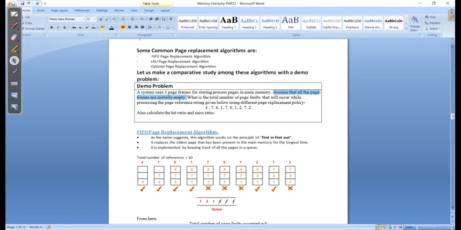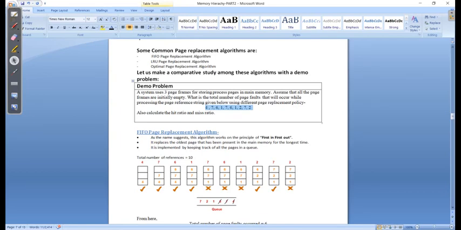Again, go back to the problem. The problem asks: what is the total number of page faults that will occur while processing the page reference string, given below, using different page replacement policies?